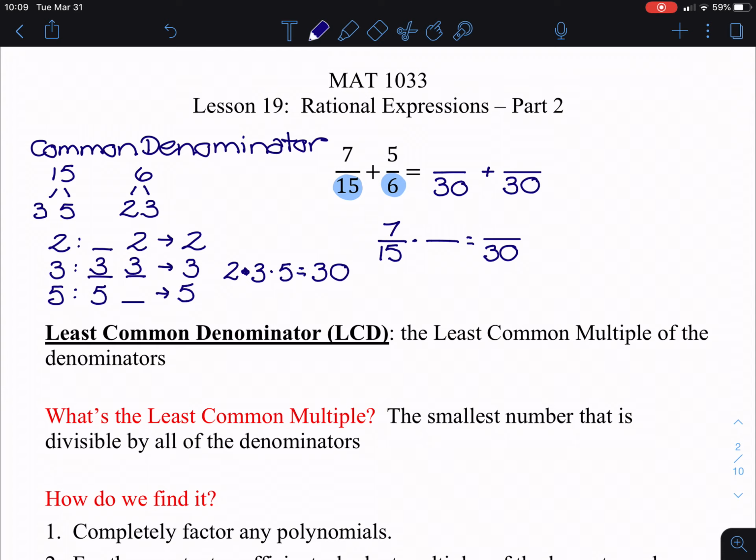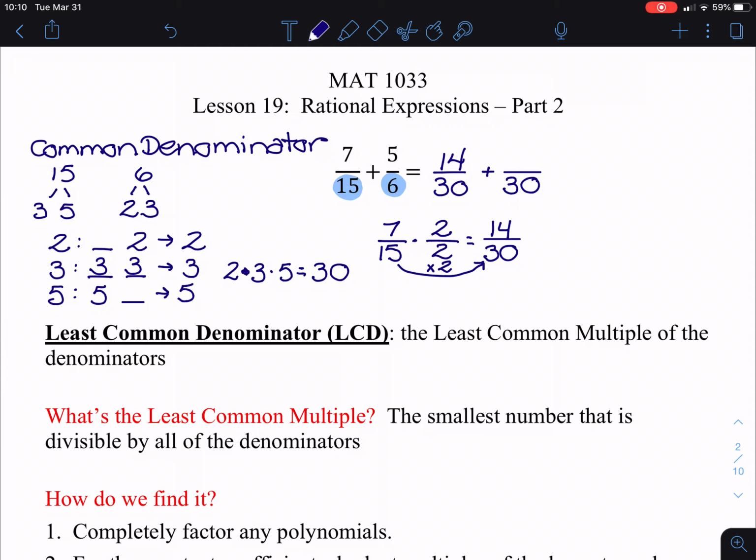To get from 15 to 30, I have to multiply by 2. Whatever I do to the bottom, I also have to do to the top. So 7 times 2 gives me 14, and 7/15 is the same as 14 over 30.